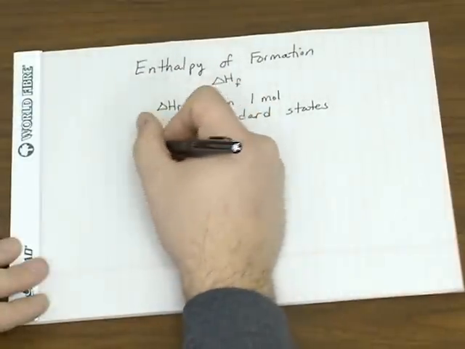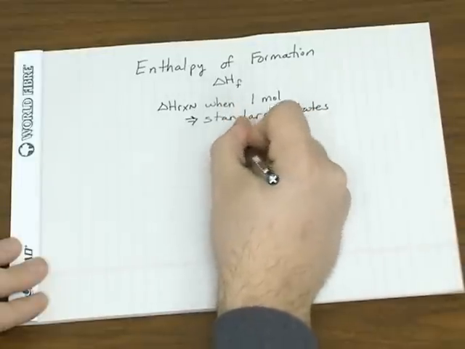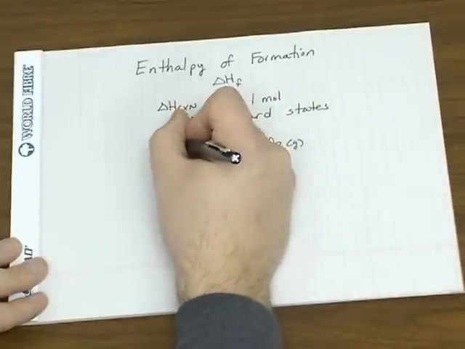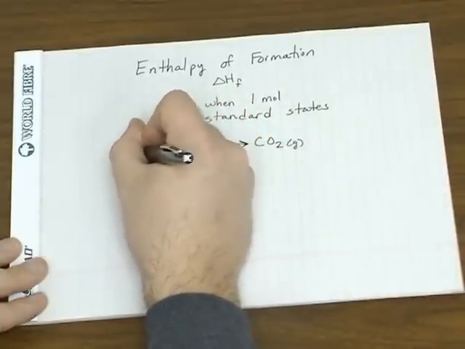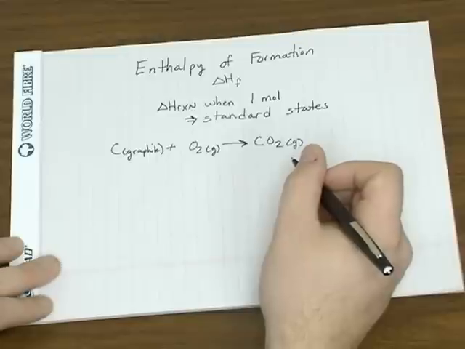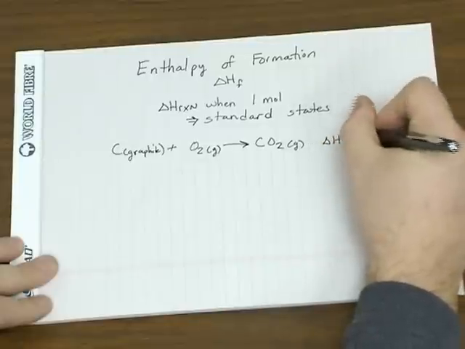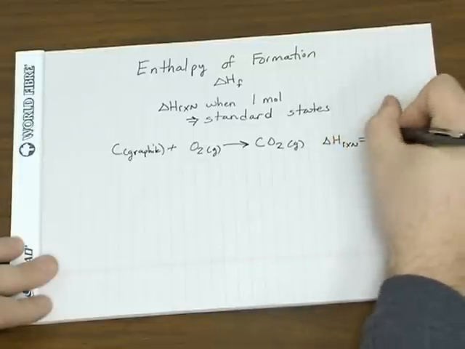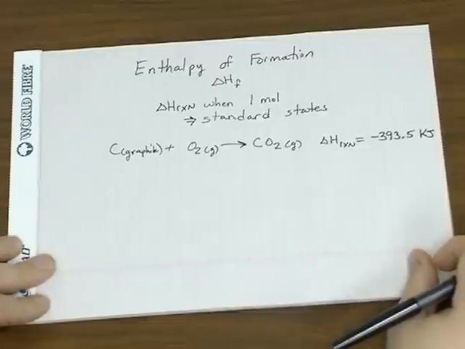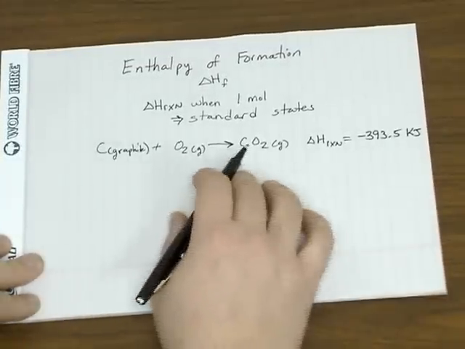So for example, if you form carbon dioxide from its standard states, you would take oxygen and the graphite form of carbon, and the enthalpy of this reaction would be negative 393.5 kilojoules with respect to the stoichiometry of the equation.